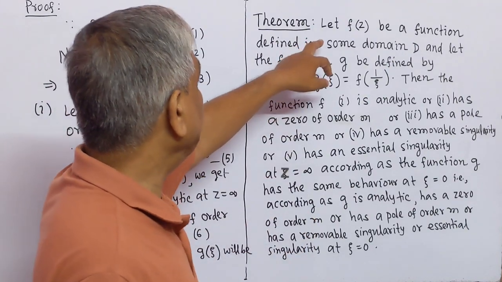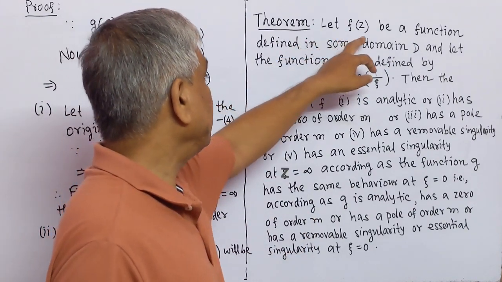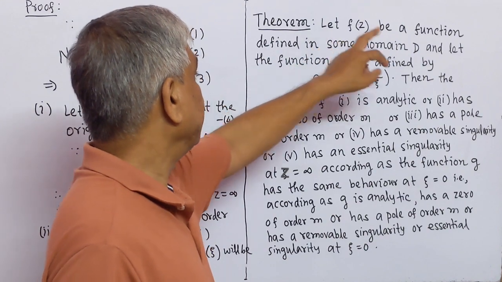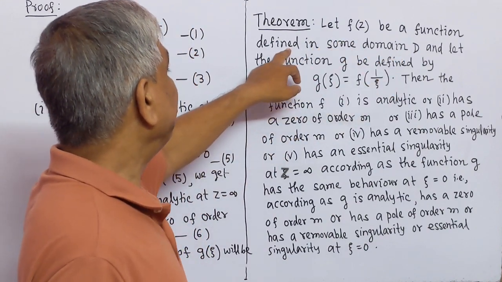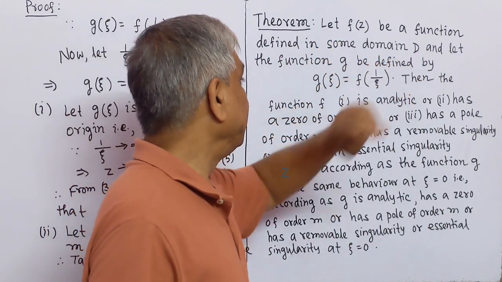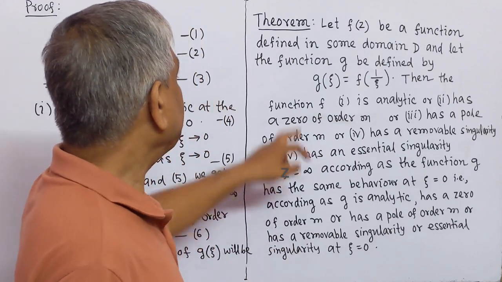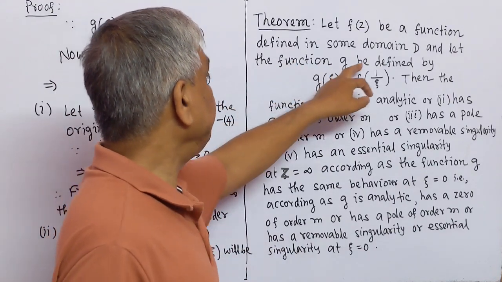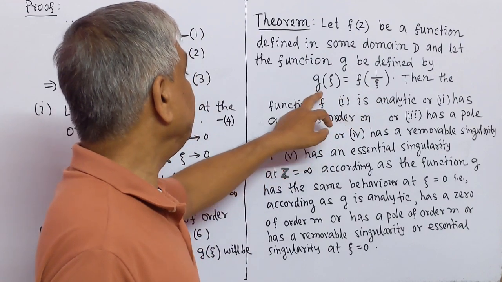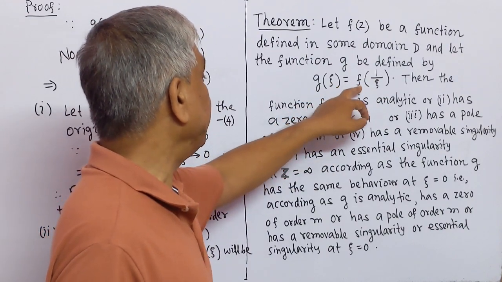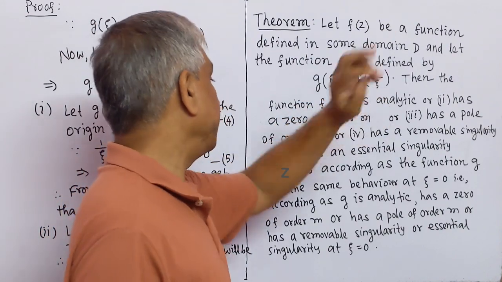The statement of the theorem is: let f(z) be a function defined in some domain D, and let the function g be defined by g(ξ) = f(1/ξ).